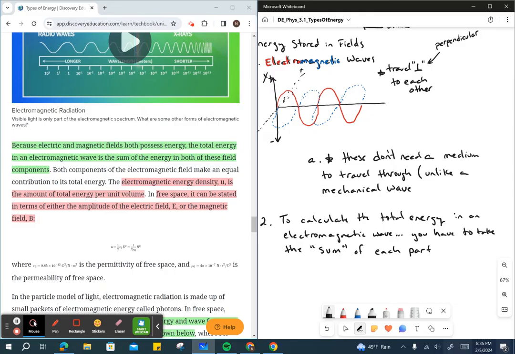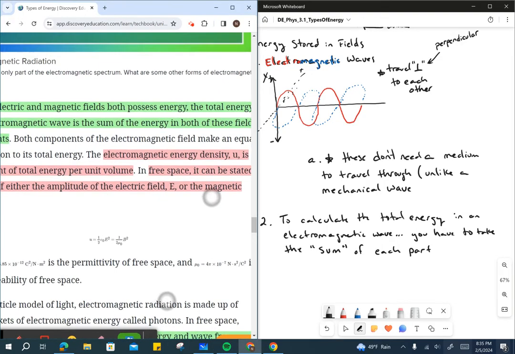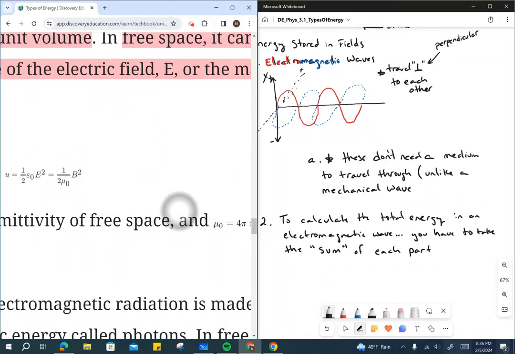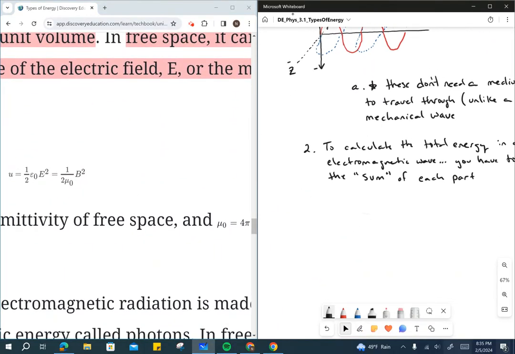The electromagnetic energy density, U, is the amount of total energy per unit volume. In free space, it can be stated in terms of either the amplitude of the electric field, which is a capital E, or an equivalent expression in terms of the magnetic field. You can see those equivalents there. Let's write this down: another equation.